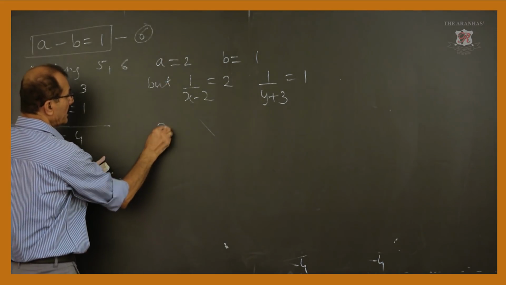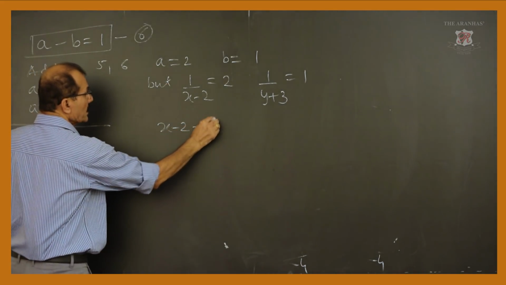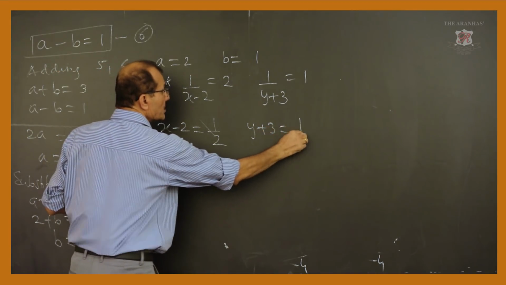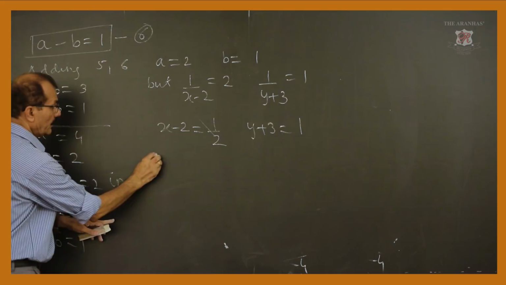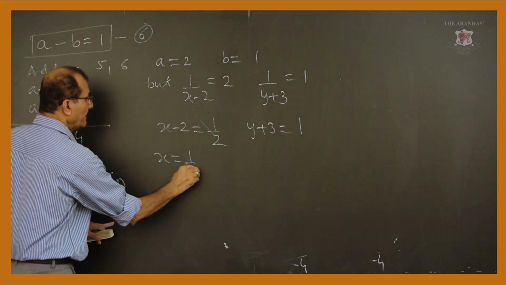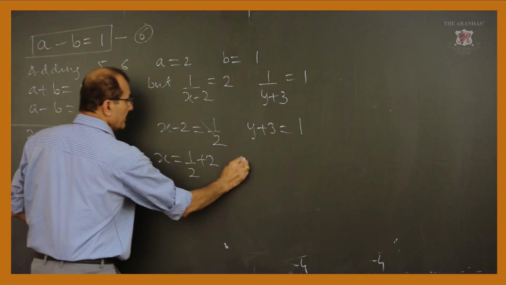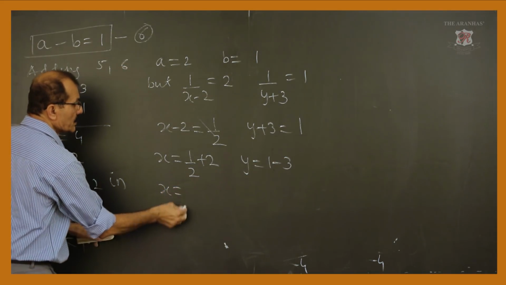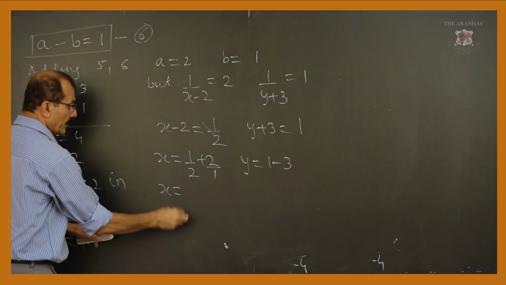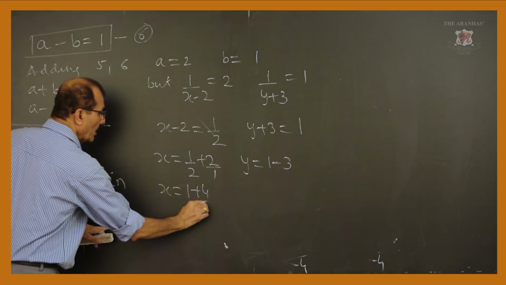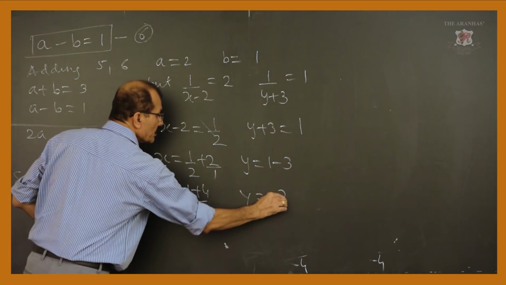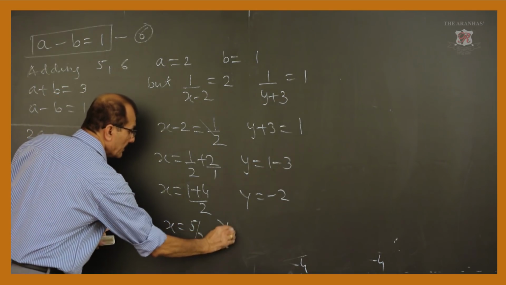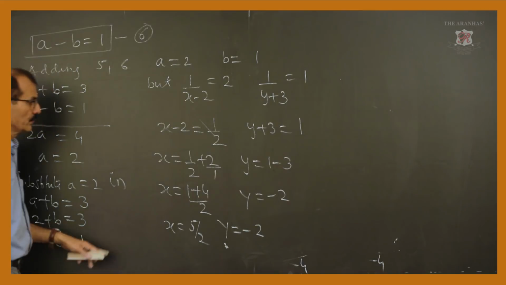So take the reciprocal. So x minus 2 is equal to 1 upon 2 and y plus 3 is equal to 1. Therefore x is equal to half plus 2 and y is equal to 1 minus 3. So x is equal to, now I have to find the LCM here. So 1 plus 4 upon 2 and y is equal to minus 2. So x is equal to 5 upon 2 and y is equal to minus 2.